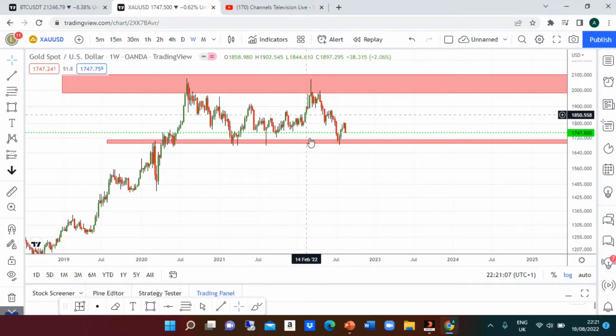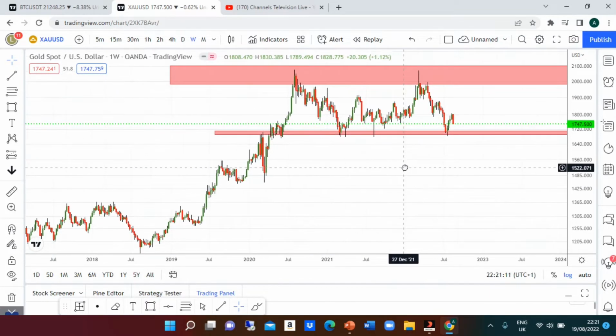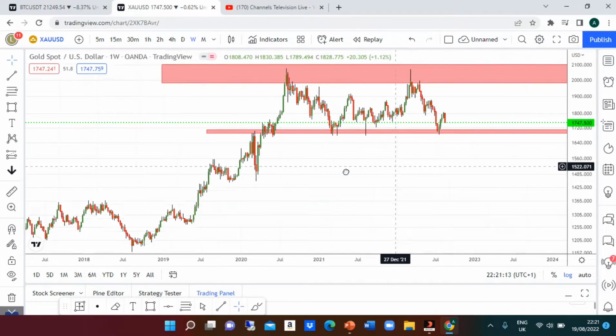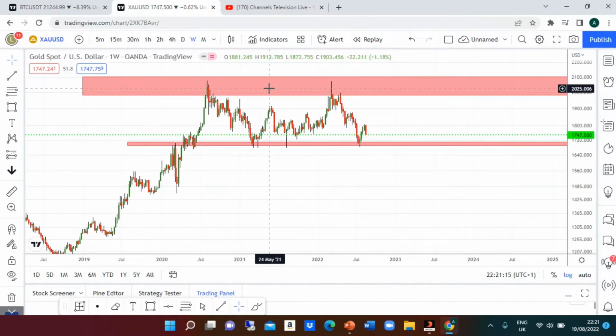It has been an uptrend, no doubt, but price got to this point and got rejected. This was August 2020, and price got to this point again February 28th. It got rejected, and ever since price has been coming down all the way here.